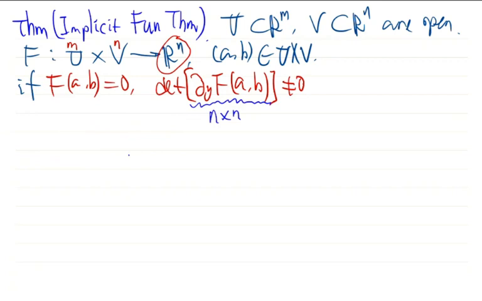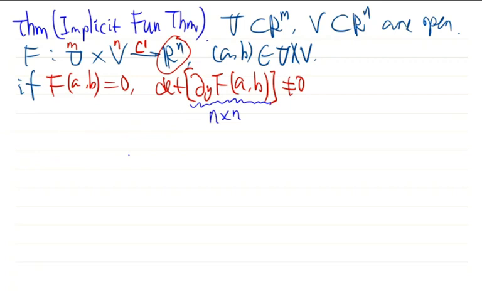I forgot to mention that it is C1. Capital F is C1. We also require that capital F is 0 at the point AB. And also the derivative with respect to Y at the point AB is an invertible matrix. That is, the determinant is not 0. So this is the condition on F.